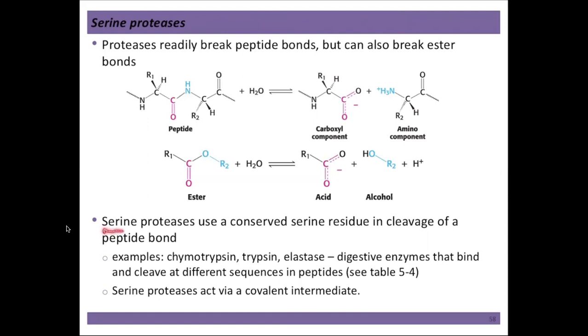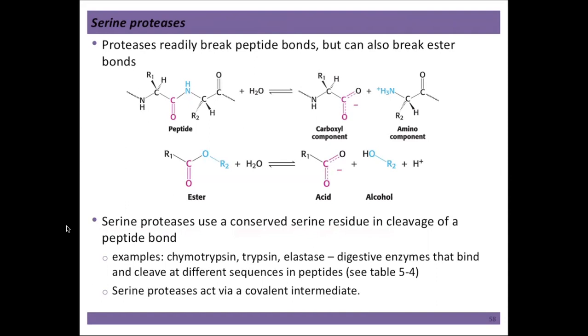Now we're going to talk about a specific type of protease, those known as serine proteases. The key is that they have a conserved serine residue, and the serine is going to act as the nucleophile. Some examples are chymotrypsin, trypsin, and elastase. These are digestive enzymes that bind and cleave at different peptide sequences.